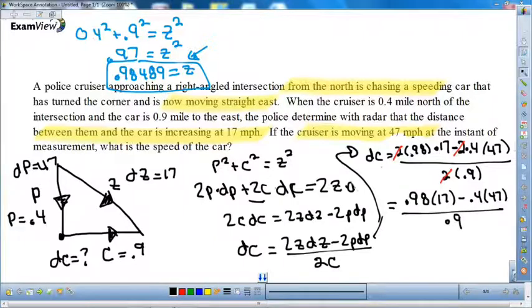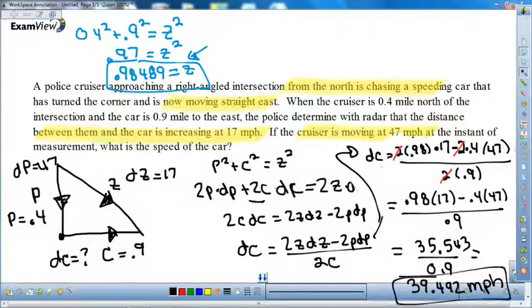We can just substitute all of this into our calculator. So this comes out to 35.543 divided by 0.9. So that is 39.492, and my units are miles per hour. So the car is going at 39.492 miles per hour.